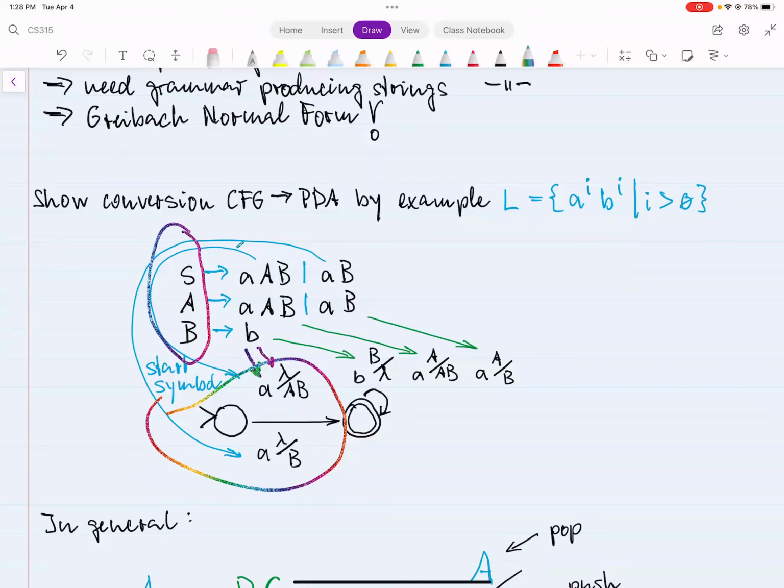That's the reason why we have a lambda here. Okay, that may be a little bit of a confusion. You can resolve that confusion and actually pop an S if you introduce an S prime and a lambda from the S prime into a next state, and then you can actually pop an S. So here in this case, I didn't do that. It seems to be contrived.